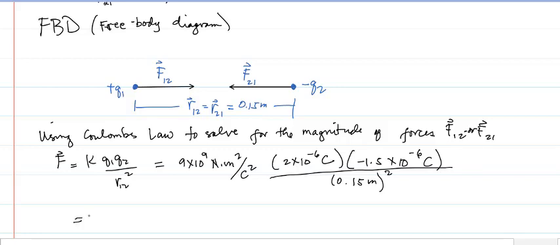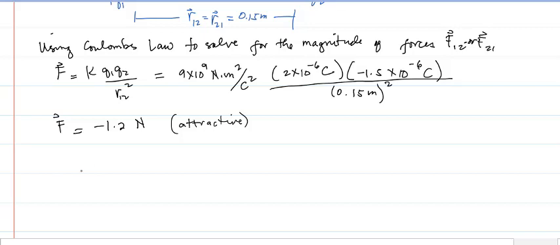So the force is equal to negative 1.2 newtons, and this is attractive. As you can see, the sign is negative, and this force is therefore equal to F12, 1.2 newton towards Q2, and F21 is also equal to 1.2 newton towards Q1.